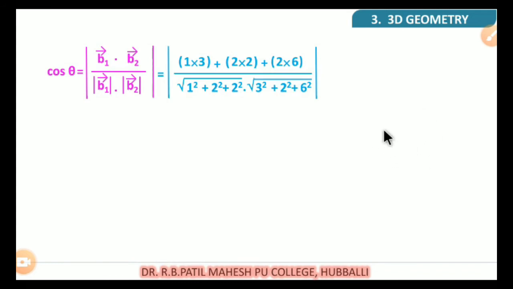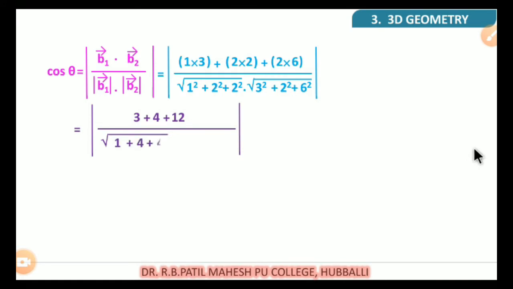After making the simplifications, we have the whole modulus of 3 plus 4 plus 12 whole divided by square root of 1 plus 4 plus 4 into square root of 9 plus 4 plus 36.